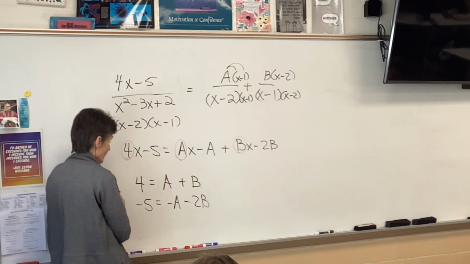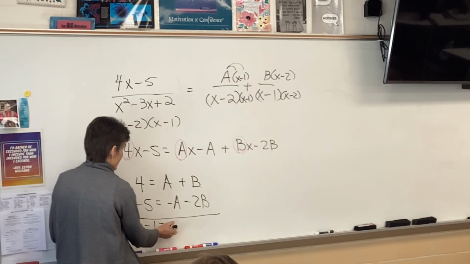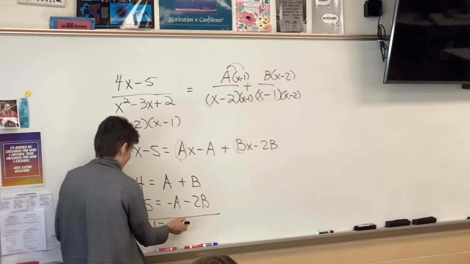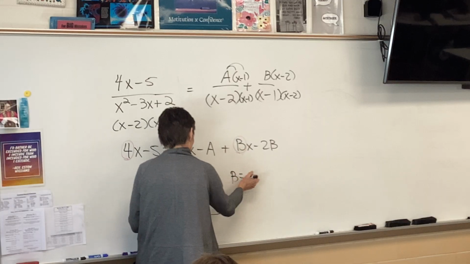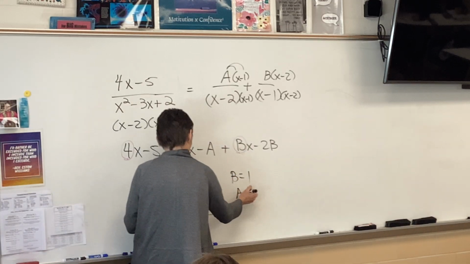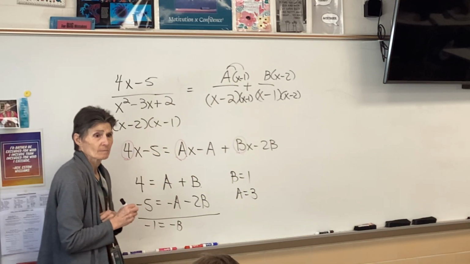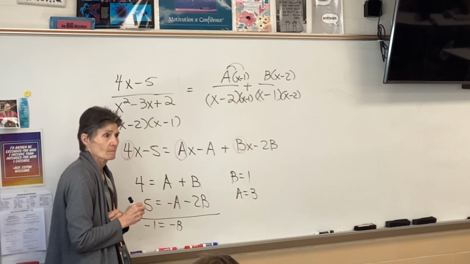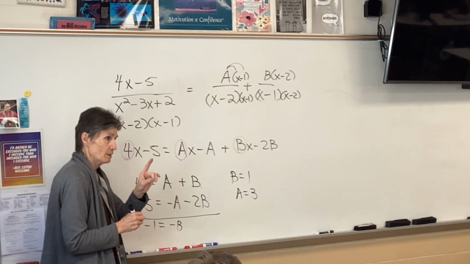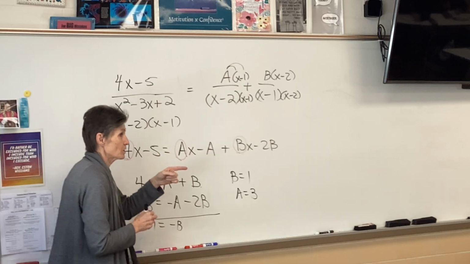Okay. So -1 equals, did you get b equals 1? Yeah. And if b equals 1, then a must be 3. And then write your answer. What was the question? Find the partial fractions.